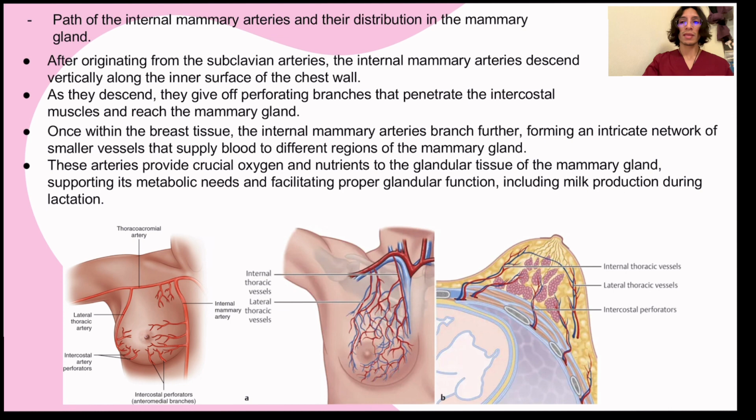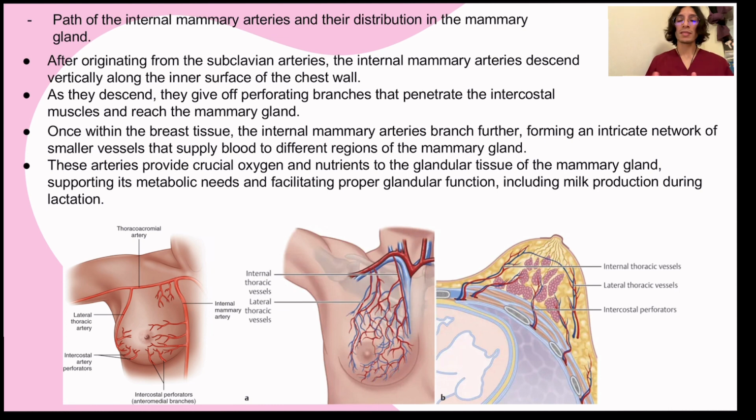After originating from the subclavian arteries, the internal mammary arteries descend vertically along the inner surface of the chest wall. As they descend, they give off perforating branches that penetrate the intercostal muscles and reach the mammary gland.